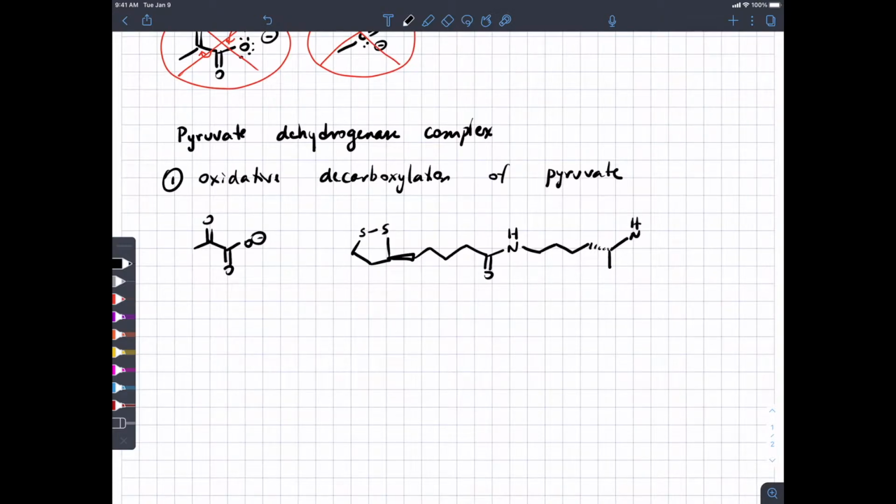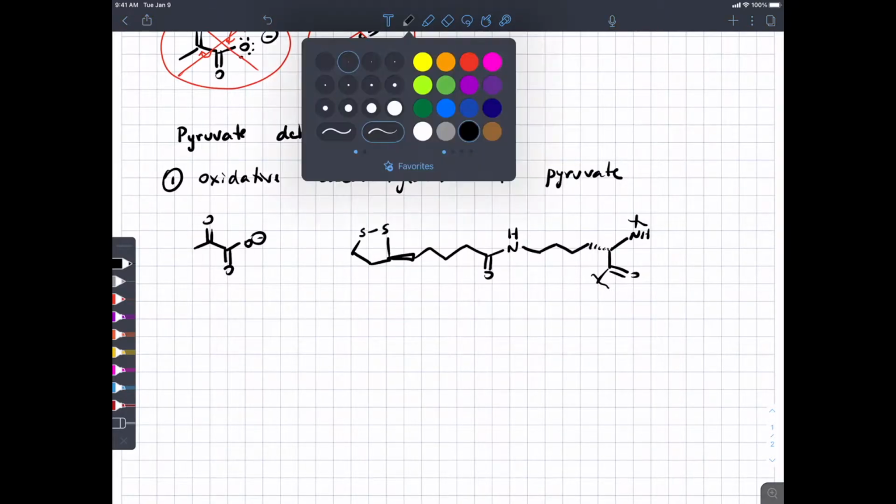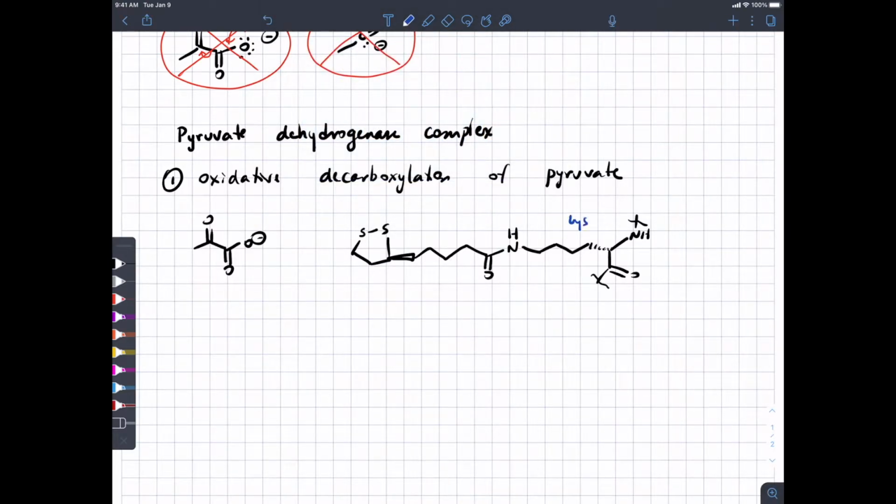I don't know which lysine it is or which enzyme in the dehydrogenase complex it is, and that's not important, but you can see the alpha, beta, gamma, delta, epsilon carbons of a lysine side chain, and then you functionalize the amino group of that lysine side chain with this part, which is called lipoate.